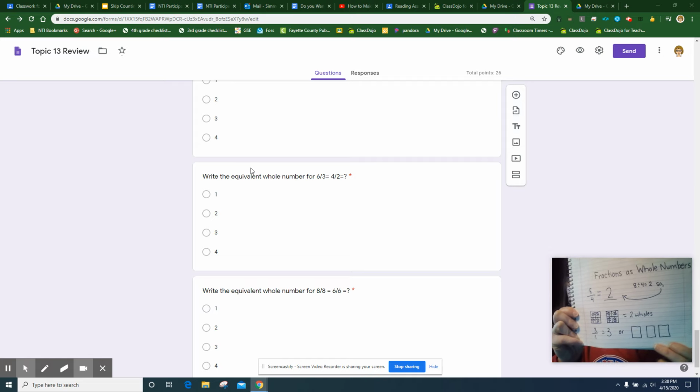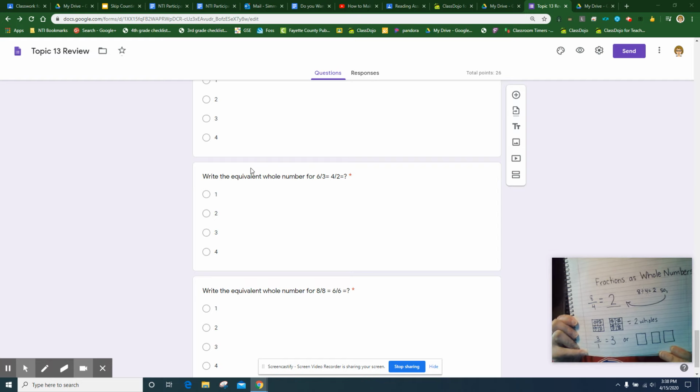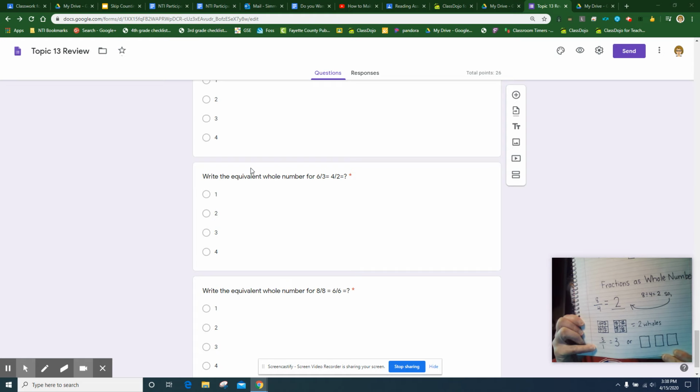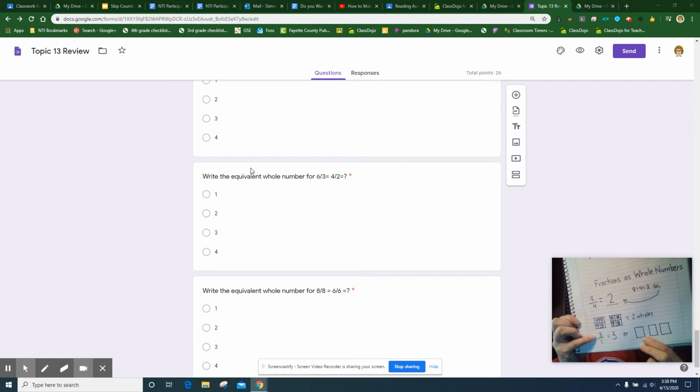Another example is when 1 is my denominator, like we see here. So if I have 3/1, again, we can think of that fraction bar as a division sign. 3 divided by 1 equals 3, or it could look like this picture model right here. They're not partitioned into any parts because 1 is my denominator and I have 3 wholes.